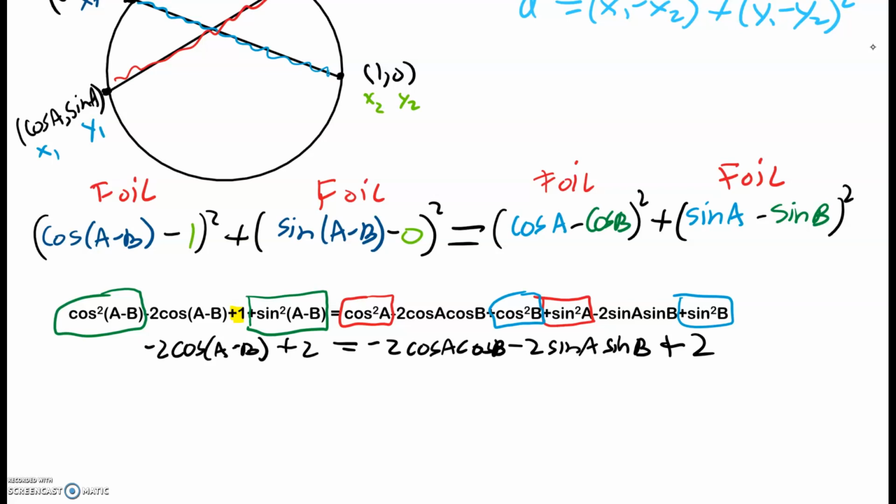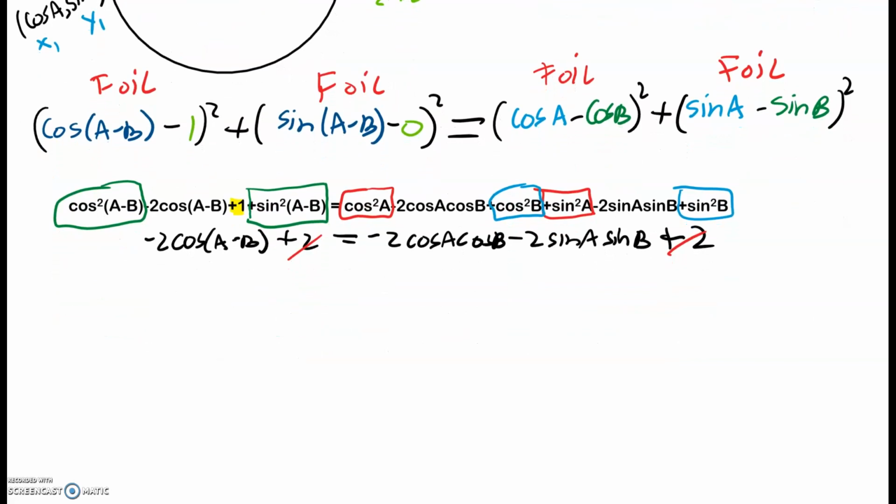So basically at this point, this 2 can cancel out with that 2, and I can factor out a 2 on the left side. So now what am I left with?